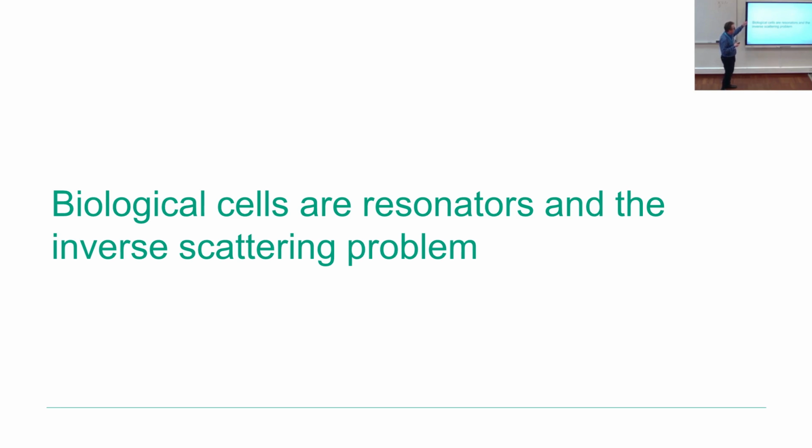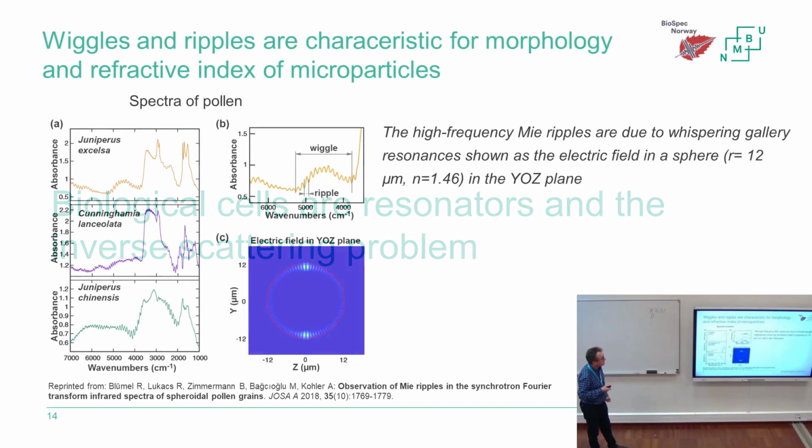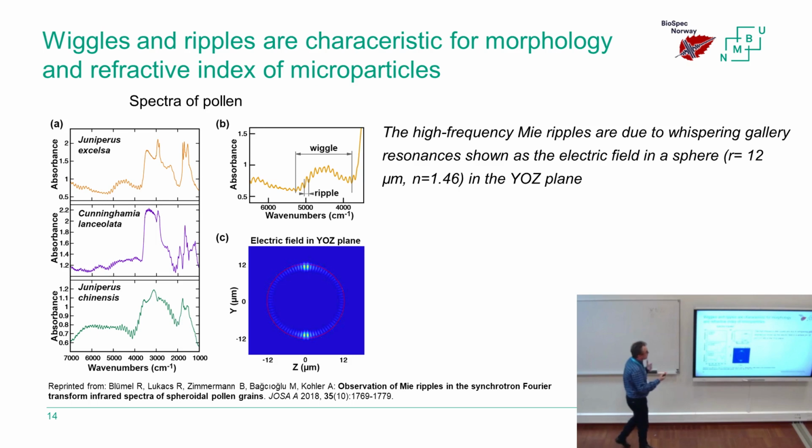So biological cells are resonators. We'll tell you in a moment what this means. When you look closer at this Mie theory, we will see that there are basically two types of features you can see in the spectrum from the Mie theory.